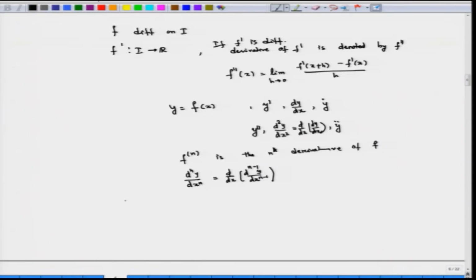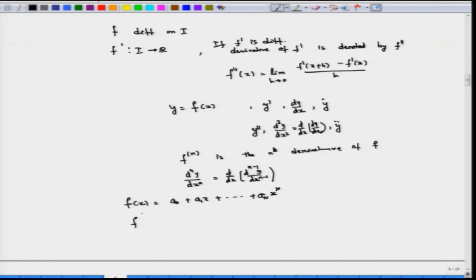For example, take a polynomial f of x equal to a 0 plus a 1 x plus up to a n x to the power n. The first derivative will exist and is again a polynomial, the second derivative will exist and is again a polynomial, and so on. So for any n we can define the derivative of this function.